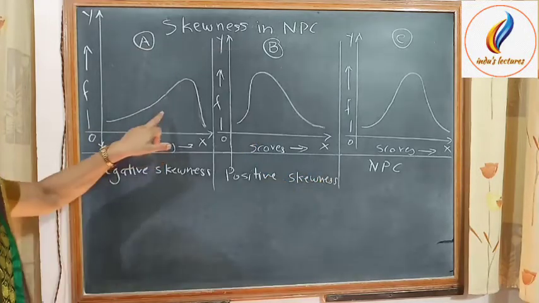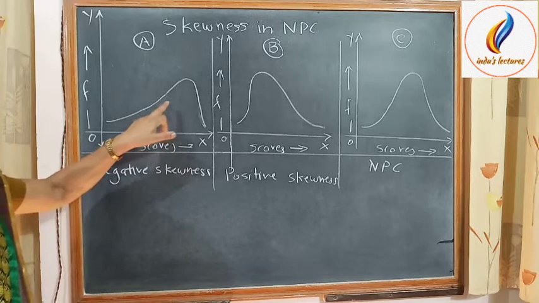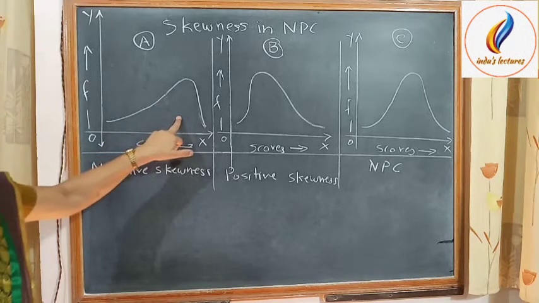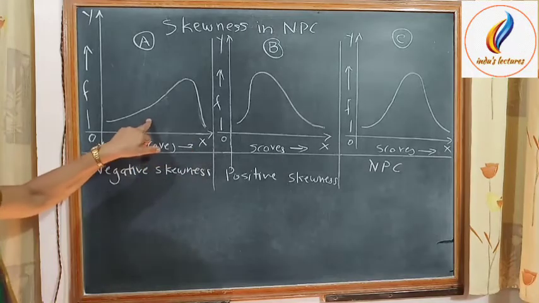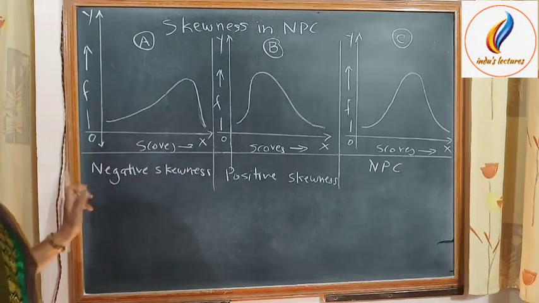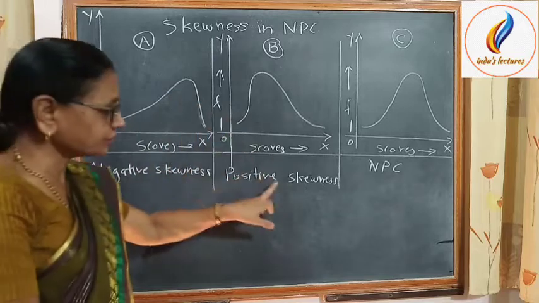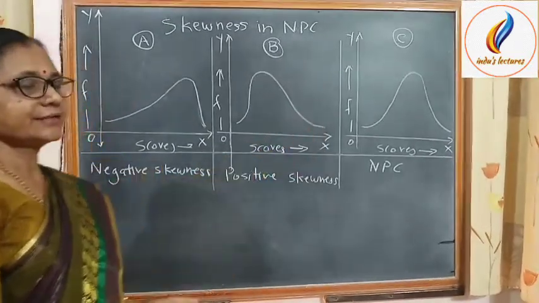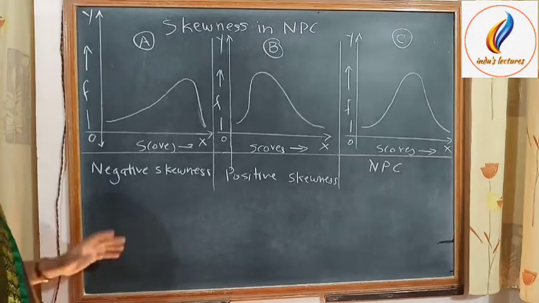In negative skewness, the majority of individuals obtain scores more than the mean. It is inclined more to the left, and in positive skewness, the curve is more inclined to the right side of the ordinate.